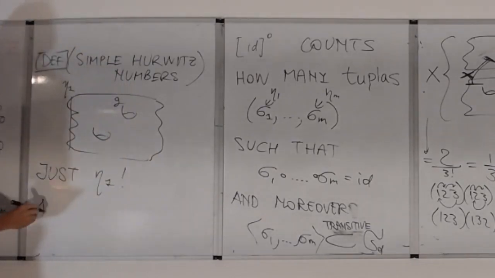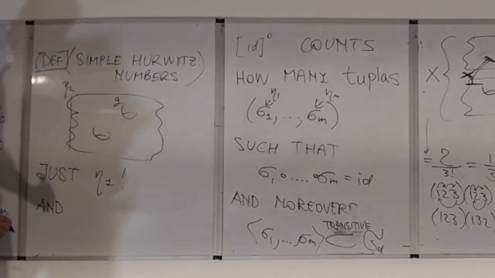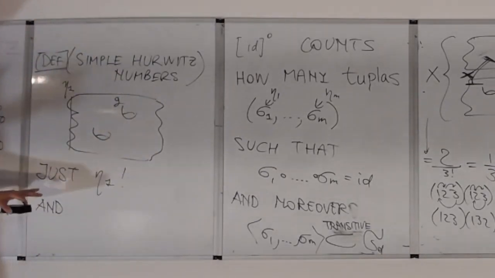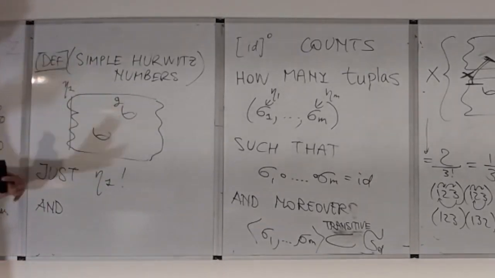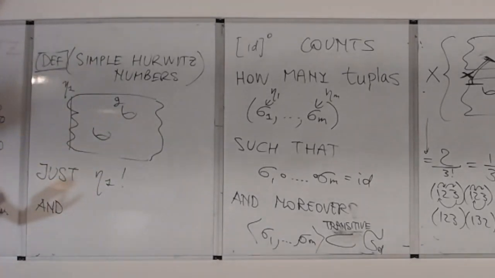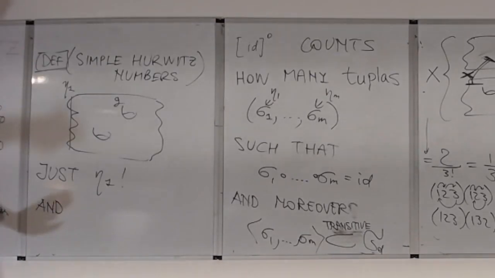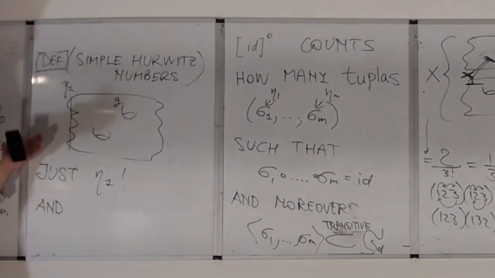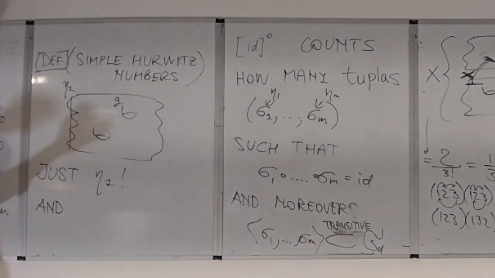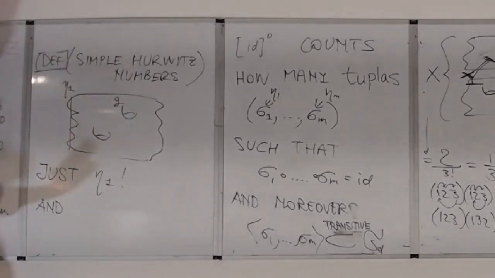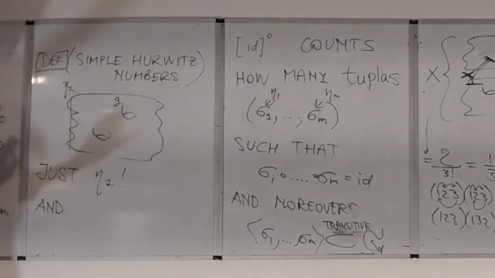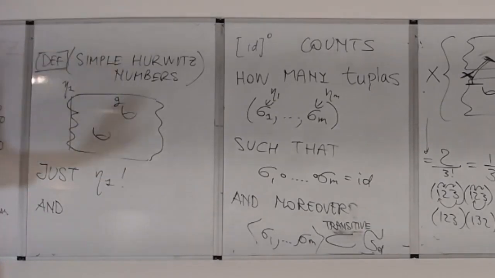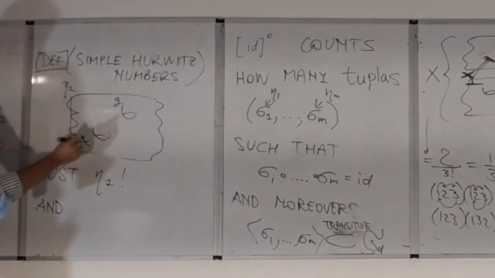That would be absurd, to just consider eta 1 and nothing else, because the Riemann-Hurwitz formula would not work for every genus. You cannot have simple Hurwitz numbers with 1 ramification and every genus that you want. So you need to allow some freedom in the ramifications, but you want all other ramifications to be simple.